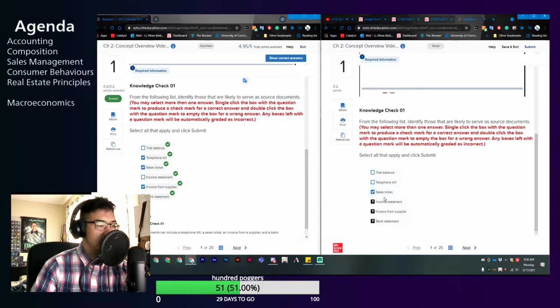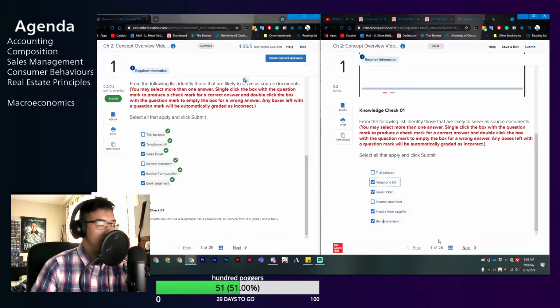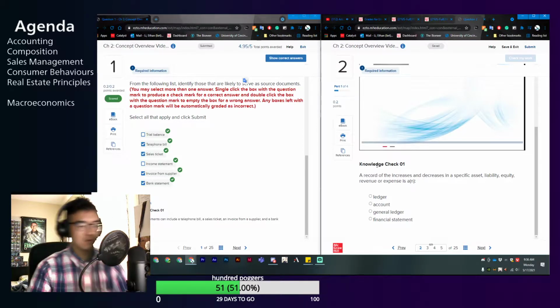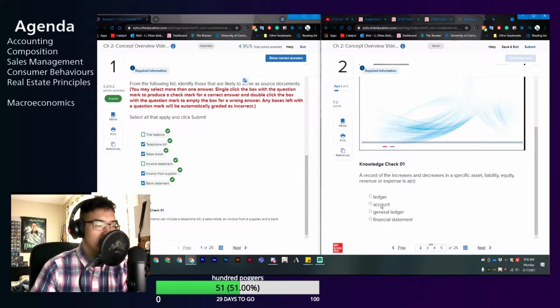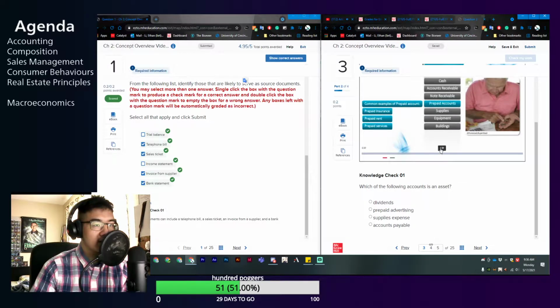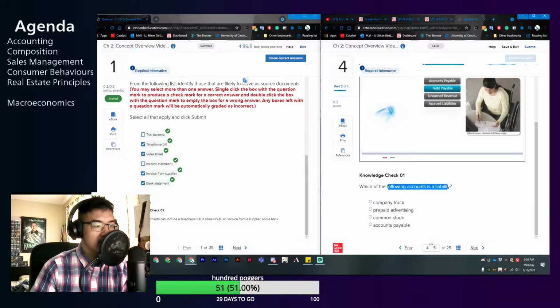Okay, let's clear everything real quick. Nice, next. Well, let's see how much we know before we have to actually look at the old one. A record of increases and decreases in specific is an account. What account is an asset? It would be prepaid ads. What is a liability?